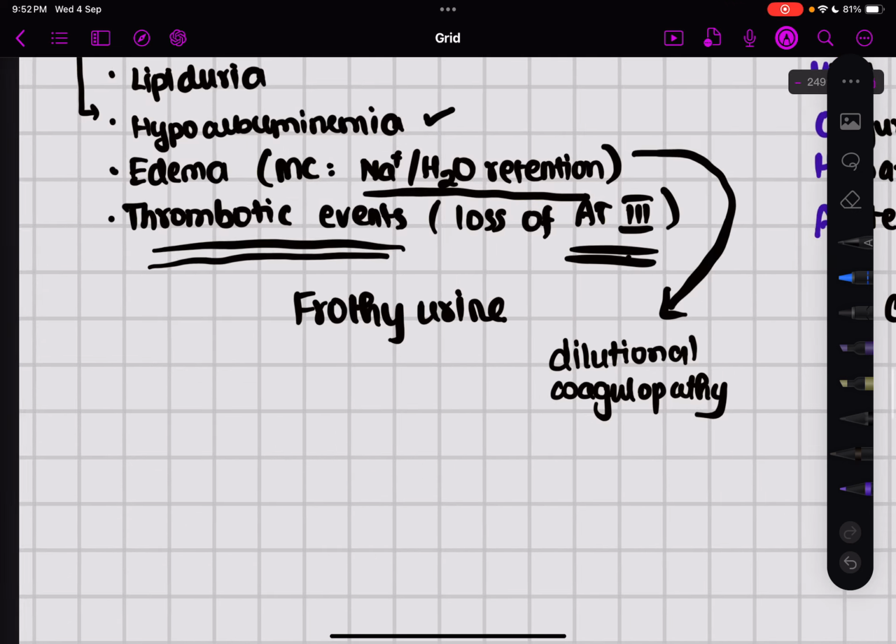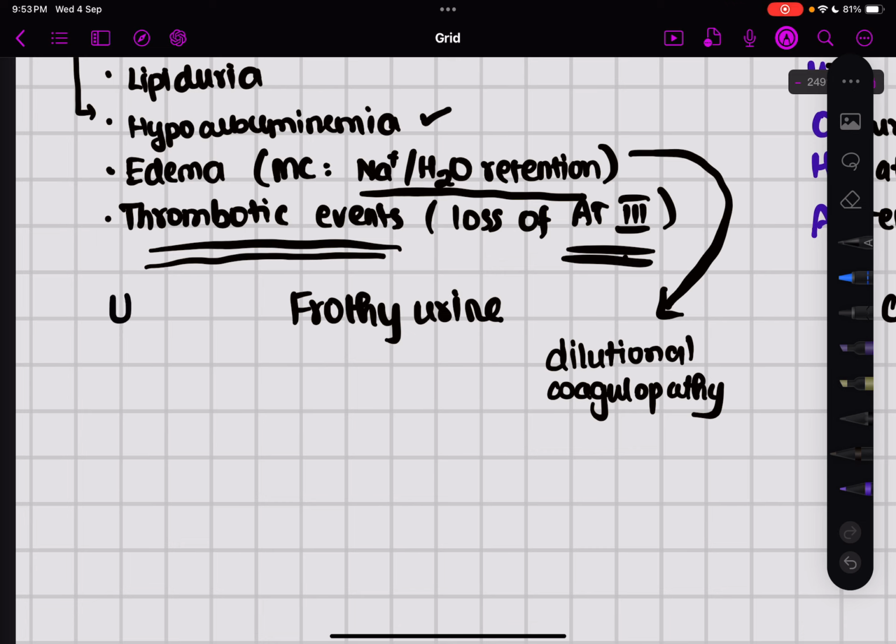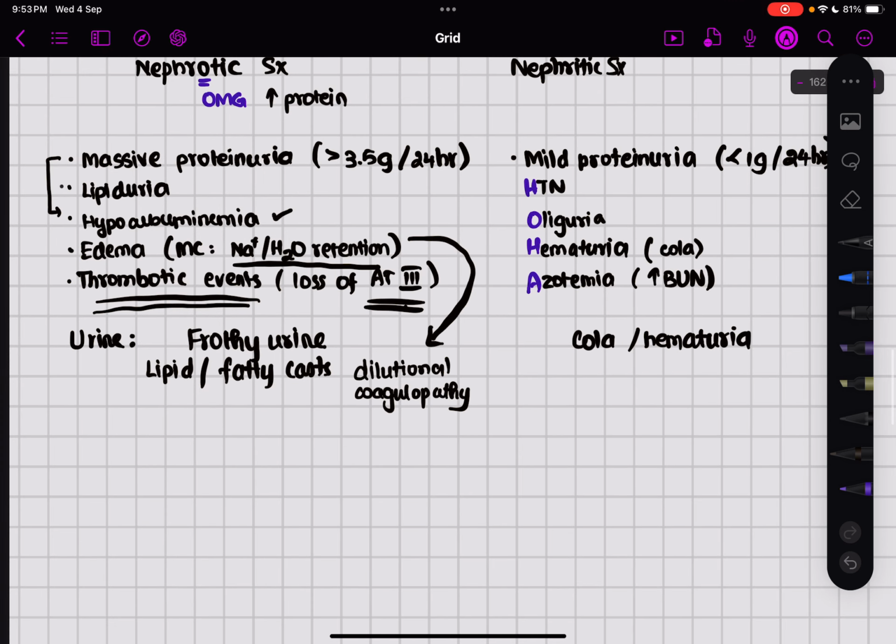The urine is frothy here, and also it has lipid or fatty casts due to the lipiduria.